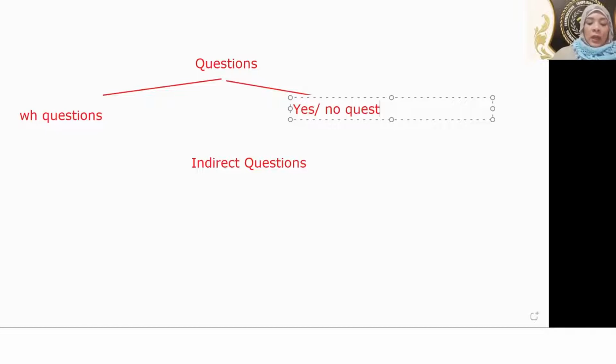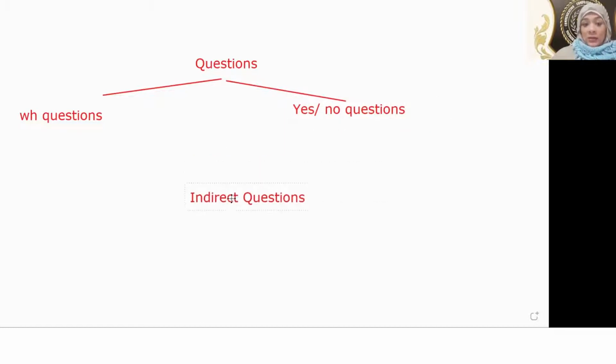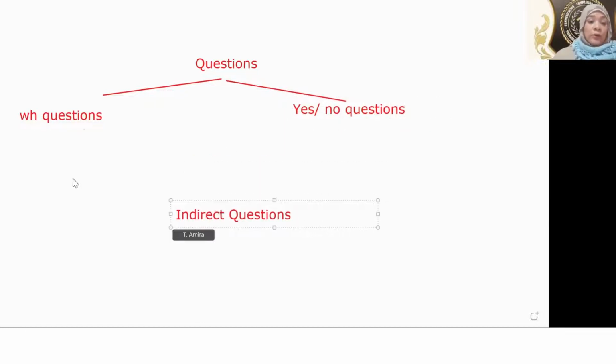Each one of them will be totally different when we change it into an indirect question.